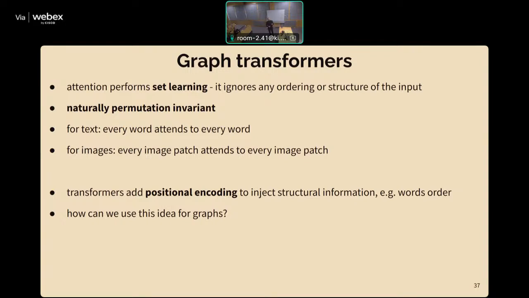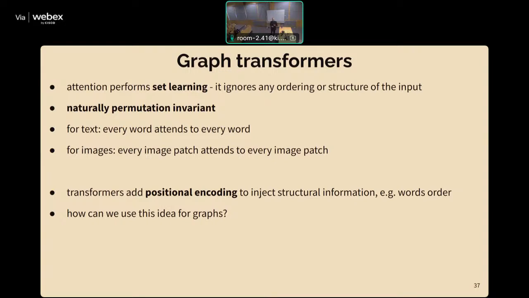For texts, every word attends to every word. For images, for image transformers, every image patch attends to every image patch. There is no notion of order at all. It's naturally permutation invariant, of course, for this reason. So it sounds pretty important for graphs, where everything has to be permutation invariant.